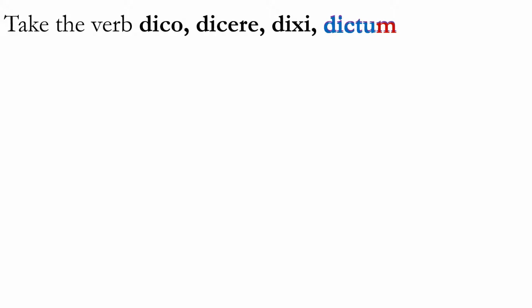So let's look at the verb dico. Dico, dicere, dixi, dictum. Well, we take away the 4th principal part, dictum, and of course this could be dictus, dicta, dictum, and we'll get both the accusative and the ablative.